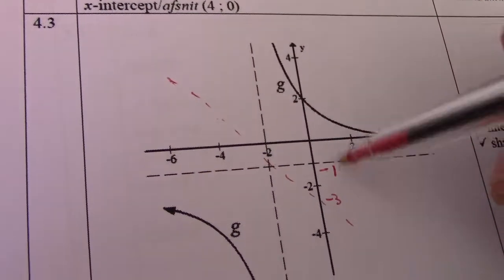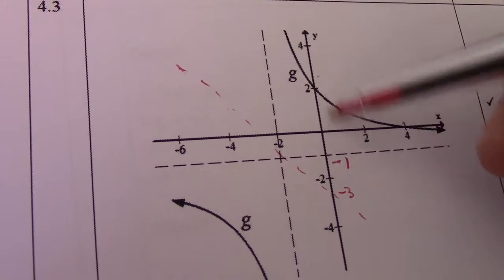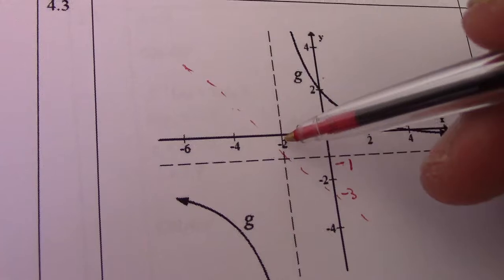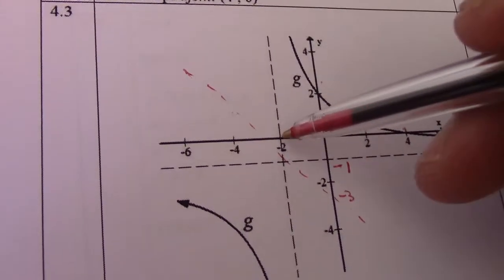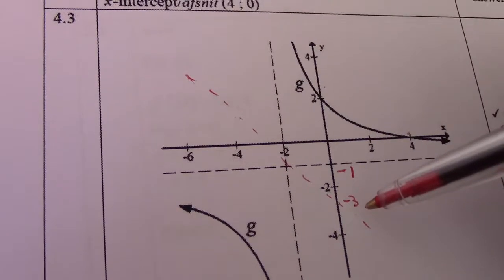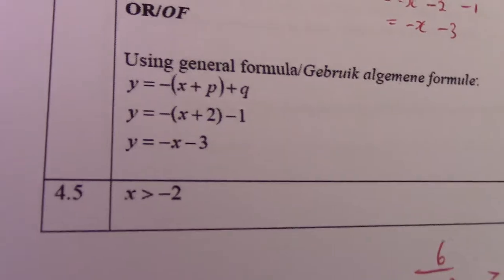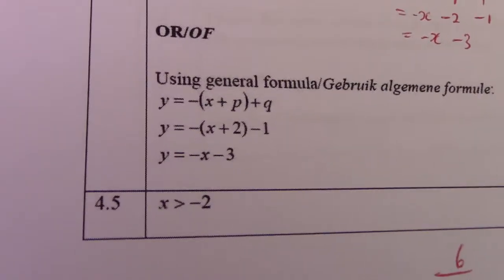And on this side, as you can see, my hyperbola is higher than my line of symmetry. So x must be bigger than negative 2. When x becomes bigger than that, g is bigger than the line of symmetry. So therefore my answer: x bigger than negative 2. Hope you follow, hope you understand.